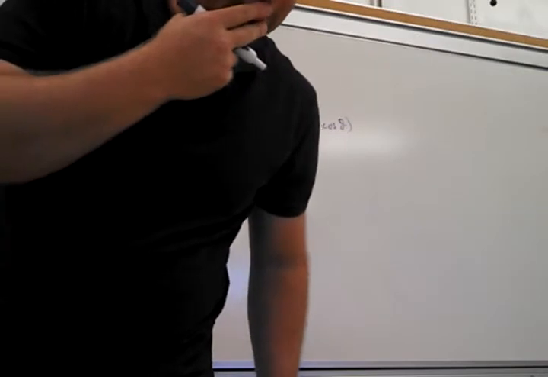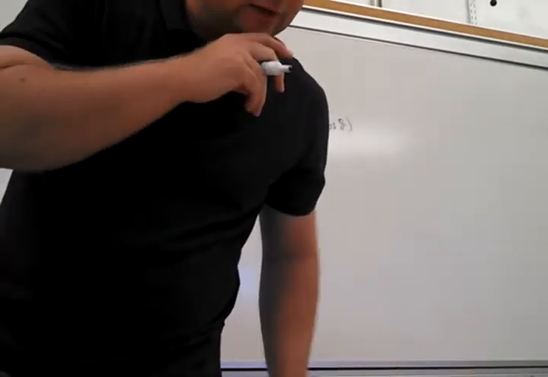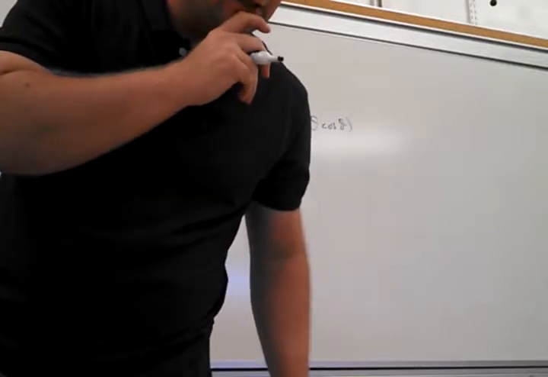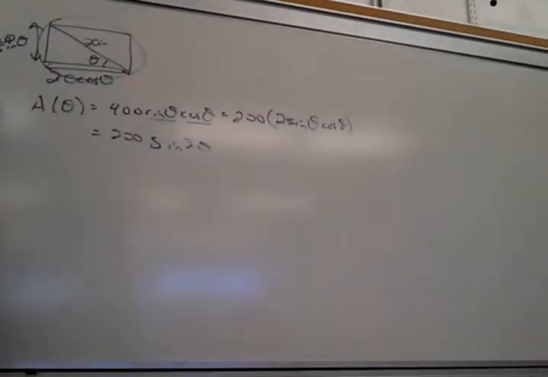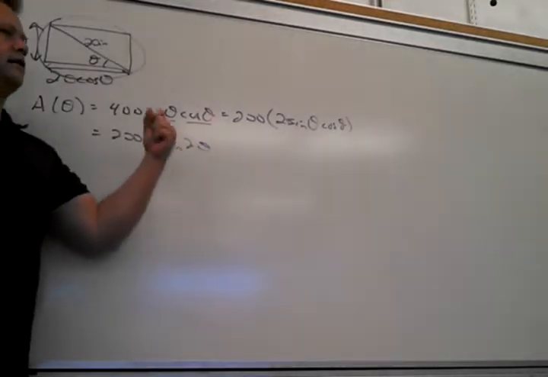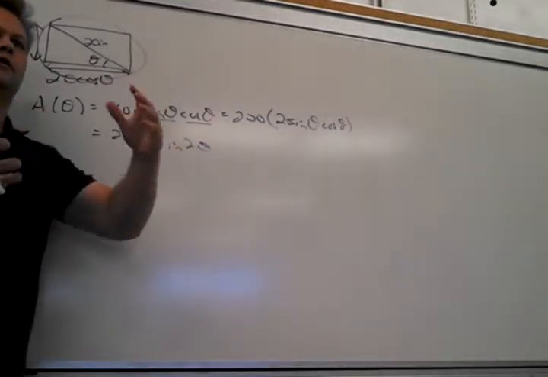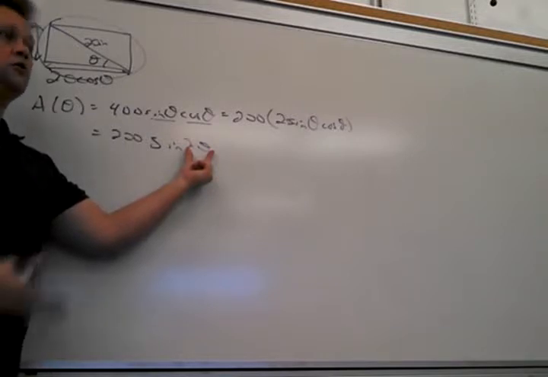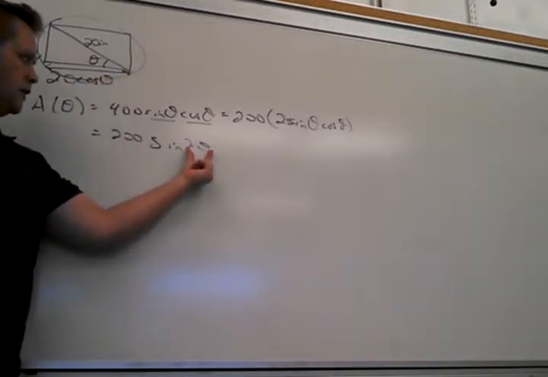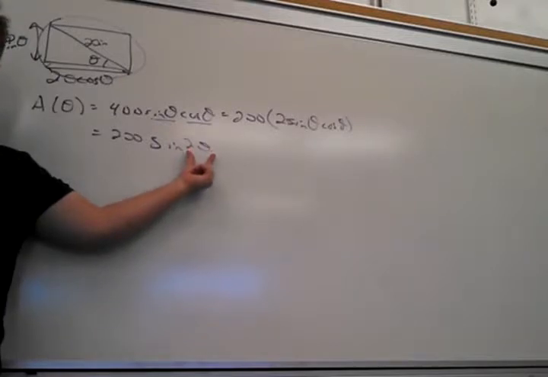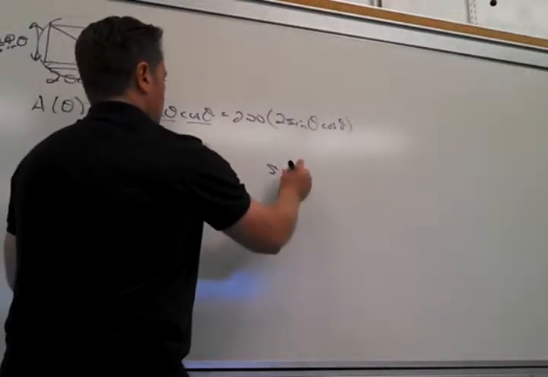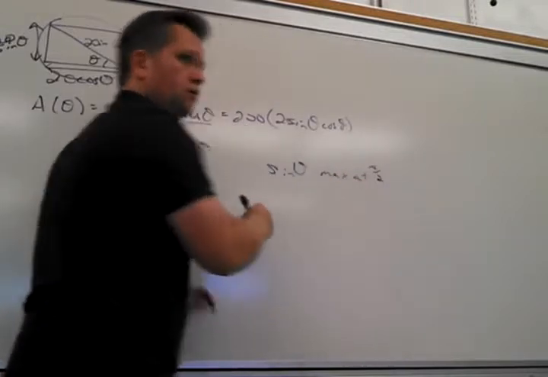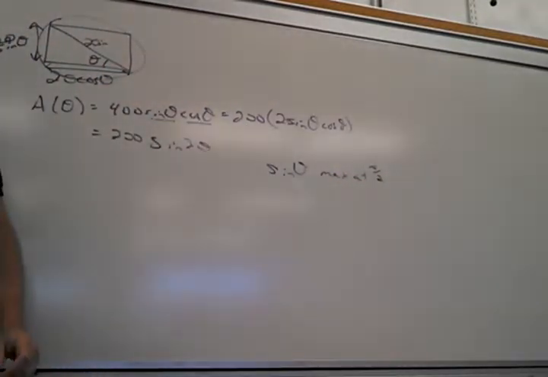So part A, and then part B says maximal cross-sectional area, and so on. Sine achieves its maximum value at pi over 2. We all know that. So if sine of theta is maximum at pi over 2, when is this going to be maximum? Beautiful. Pi over 4. Because twice pi over 4 is pi over 2. What's sine of pi over 2? 1.